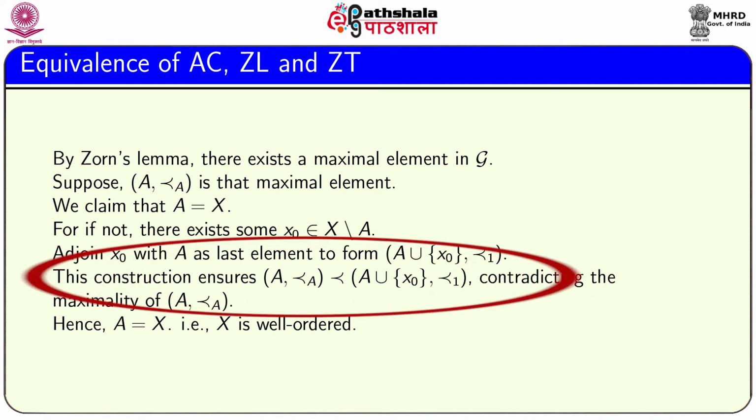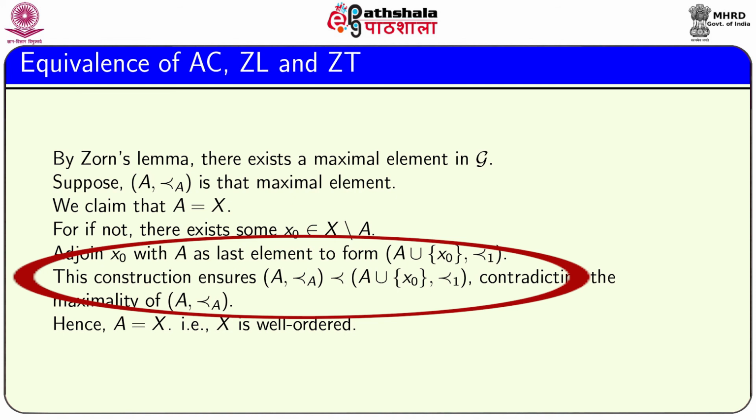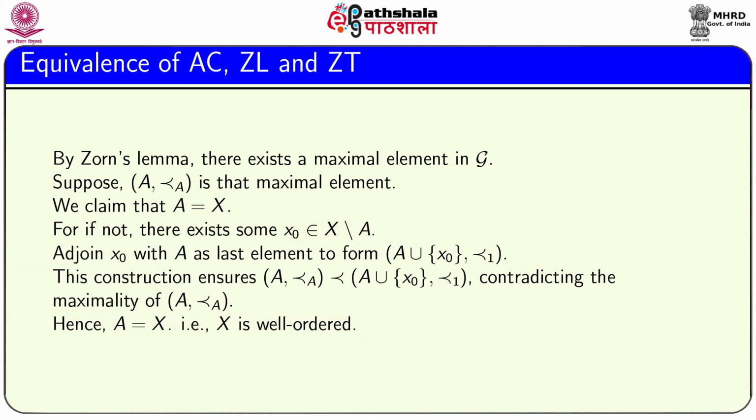This construction ensures that A less A is related to A union singleton x 0 less 1, contradicting the maximality of A. Hence, A should be equal to capital X, that is, capital X is well ordered.